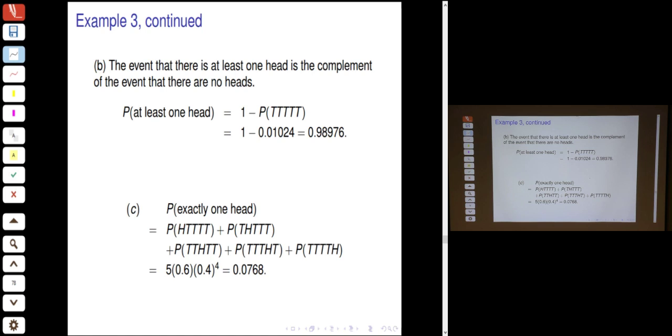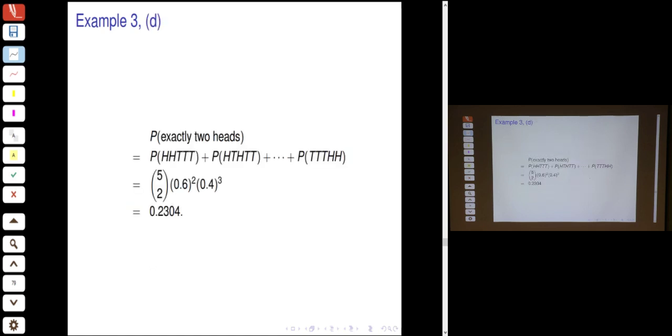The remaining 4 tails, each of these has probability 0.4, so 4 of them will be 0.4 to the power of 4. So altogether, the probability of each item is 0.6 times 0.4 to the power of 4. Altogether it is 5 times this, so you get that. Now, how about exactly 2 heads? Again, suppose we do this in slow motion.